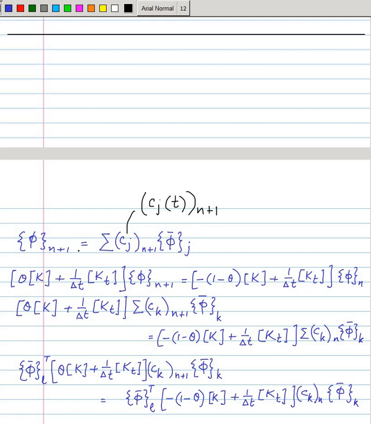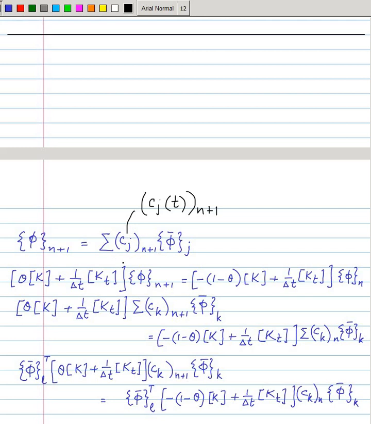We are assuming that this is a superposition: each eigenvector is multiplied with a coefficient which is time dependent, and the summation of that over all the eigenvectors is the value of phi at n plus 1. And these coefficients actually change with time.